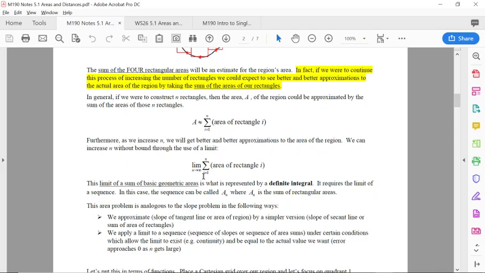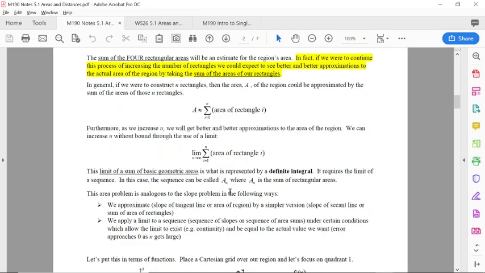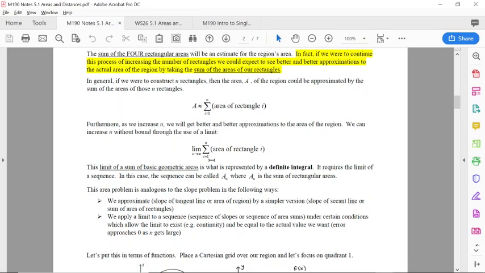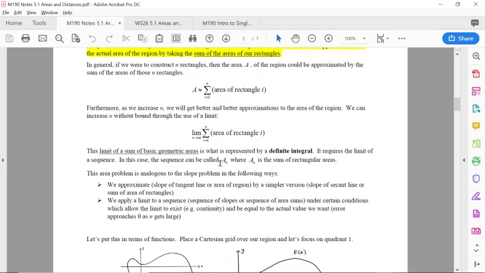And then what we're going to do next is apply a limit to that in order to define what the integral is. This will be defining a definite integral, which is for the next section after this one. What the limit represents for us geometrically is that we are going to be adding together the areas of more and more rectangles.